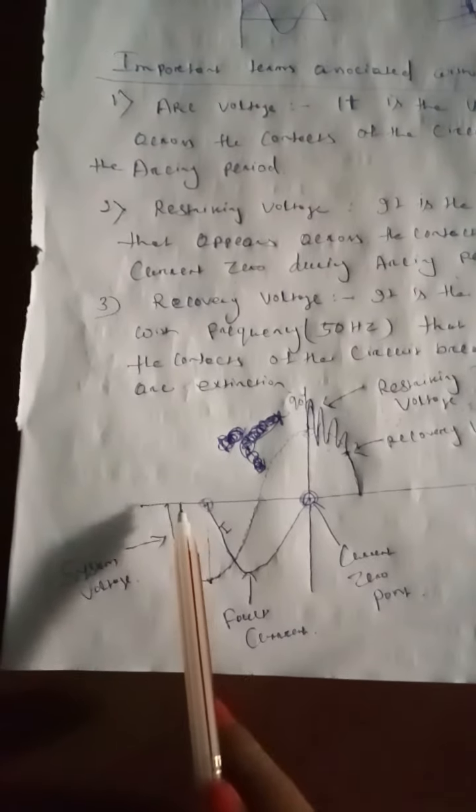When any fault arises in the system, the fault current starts to conduct and it reaches its zero position. At that time the system voltage reaches 90 degrees.